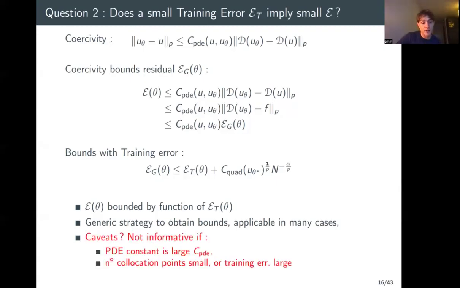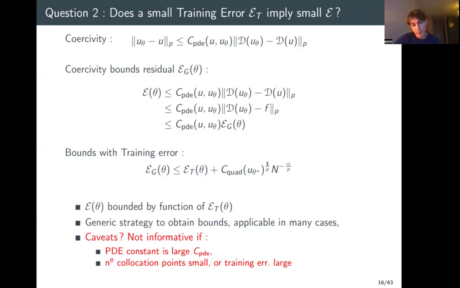But there is a caveat, which is it's not necessarily informative, specifically if this constant is large, and this can be the case if you have a very nonlinear PDE. And obviously, if you don't have enough collocation points, because then the bound becomes quite loose.